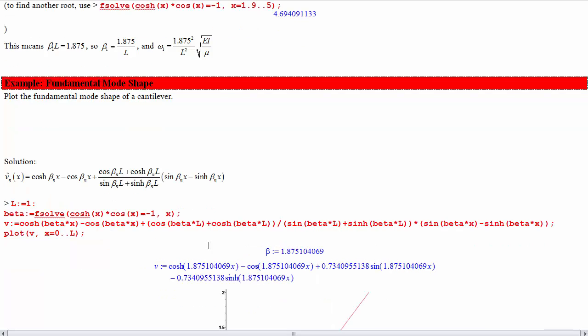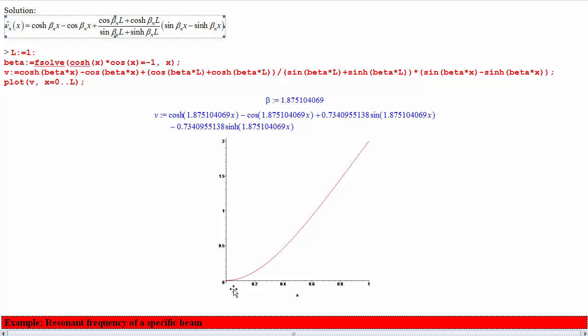So here we go, substituting in. If L is equal to 1, then beta is just the solution of this function here. And then we can substitute that into the formula typed out above. And there it is, fundamental mode shape.